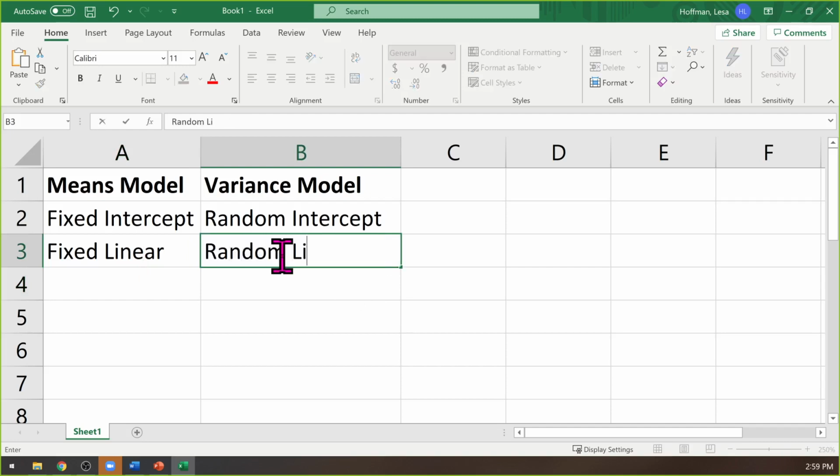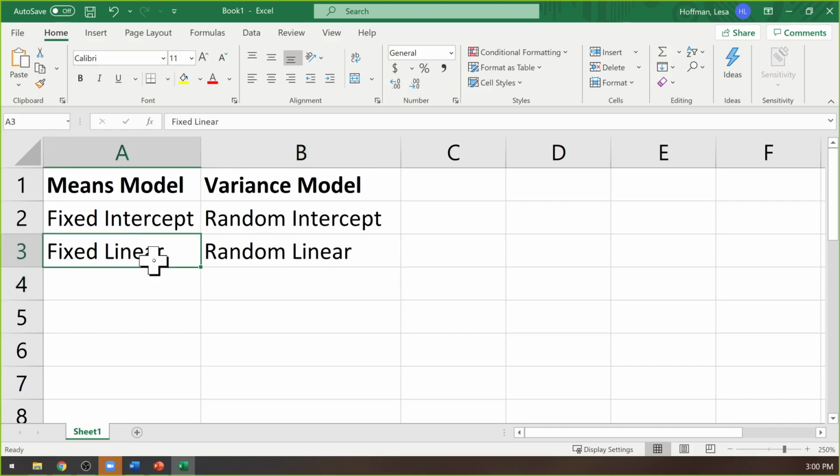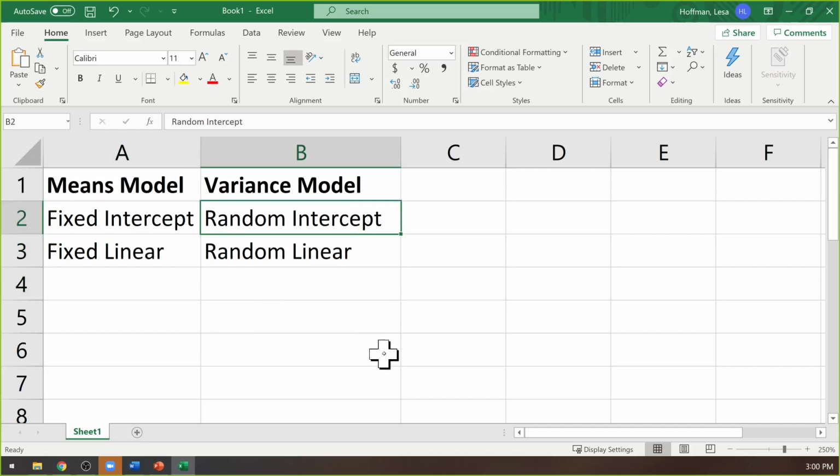If I added random linear time, then there are simultaneously 2 sets of hierarchies happening. On each side, if I have a linear effect of time, I need to have an intercept underneath it. Likewise, if I have a random linear effect of time, I need a random intercept underneath it. Across sides, random trumps fixed.